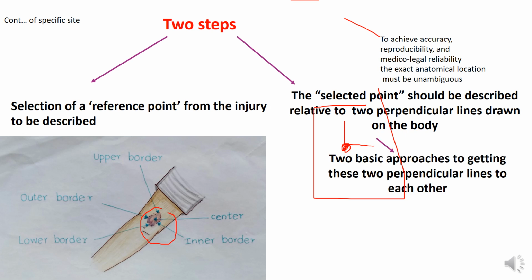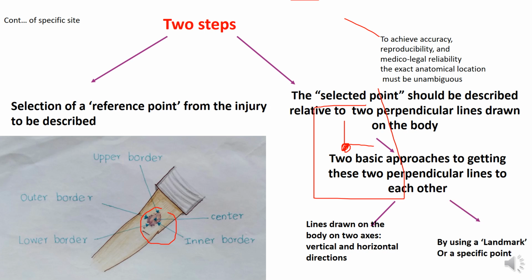The first method is you can select two axes which are situated vertically and horizontally, or else you can select an anatomical landmark and then describe the selected point of the injury in relation to it in two perpendicular lines, right?